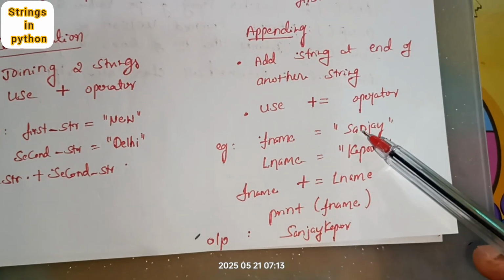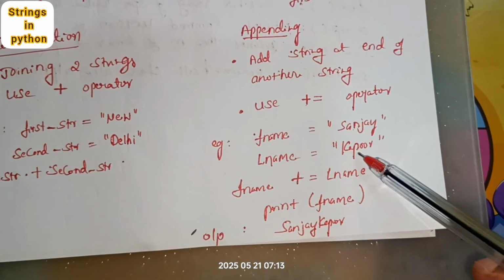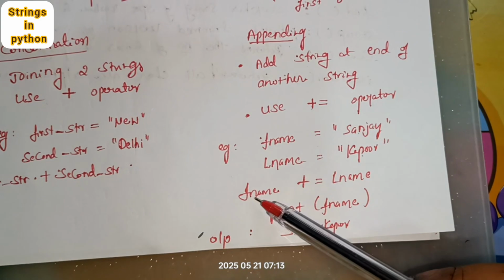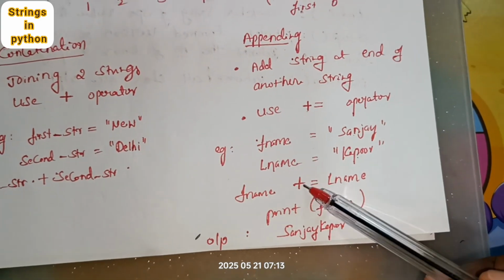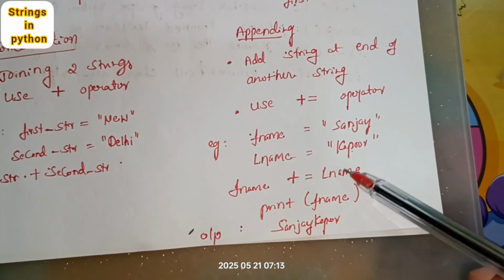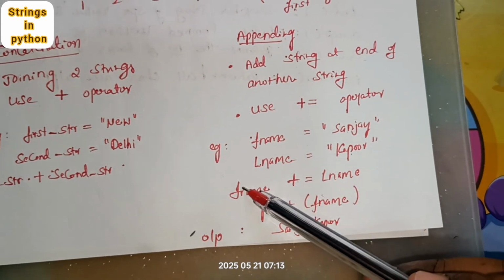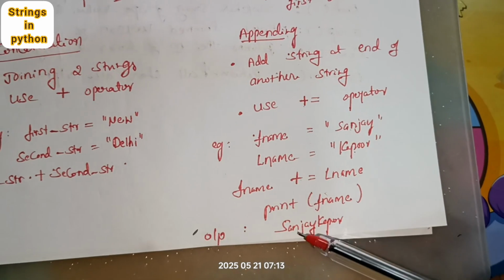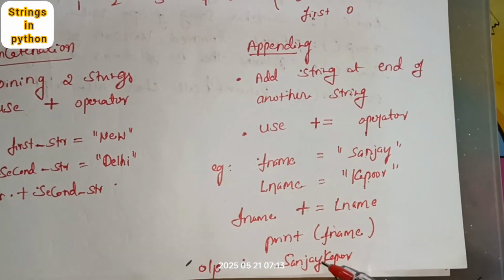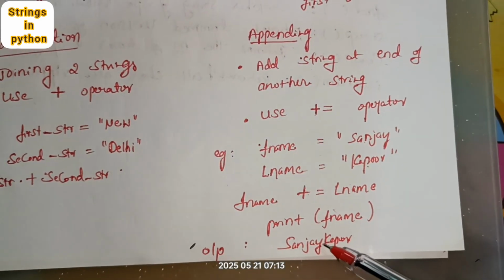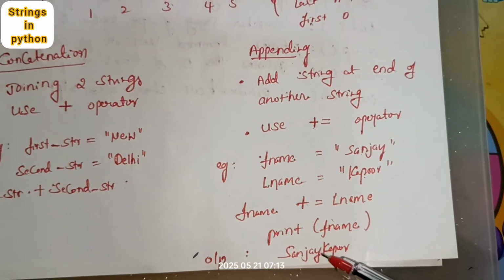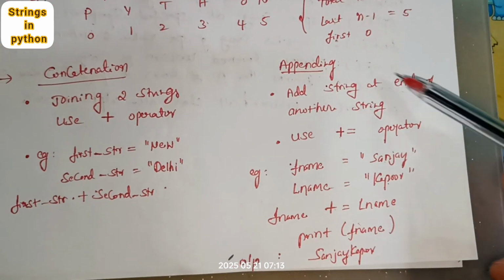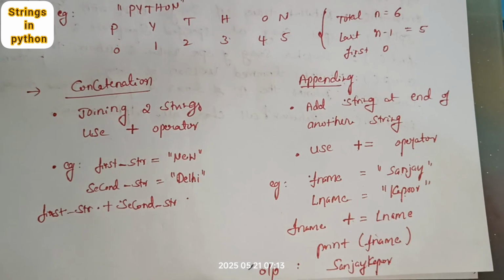Now I want to append the first string with the second string. So we append the first name with the last name. Print the first name, and I will get the output Sanjay Kapoor without space. That is appending and concatenation.